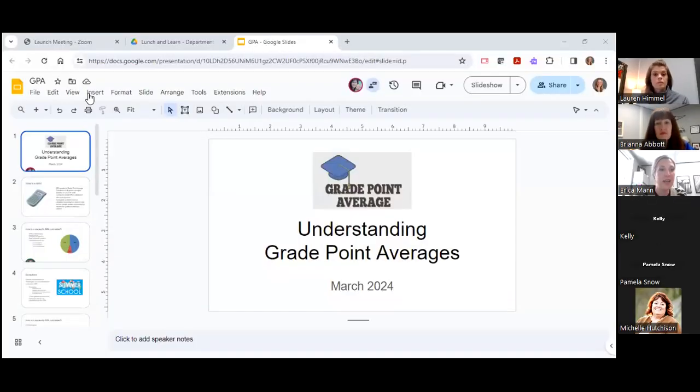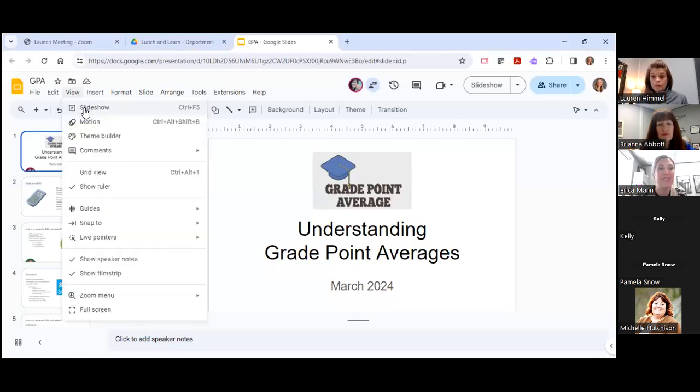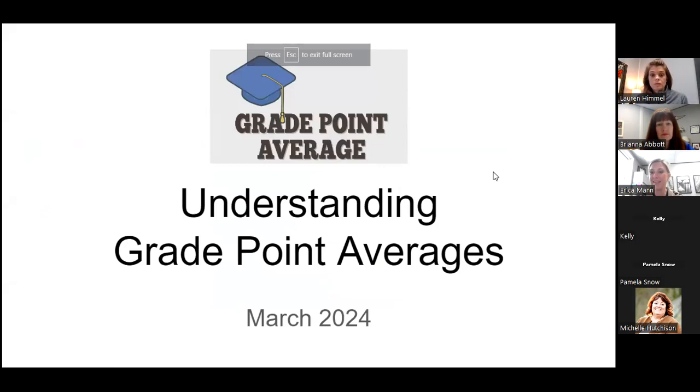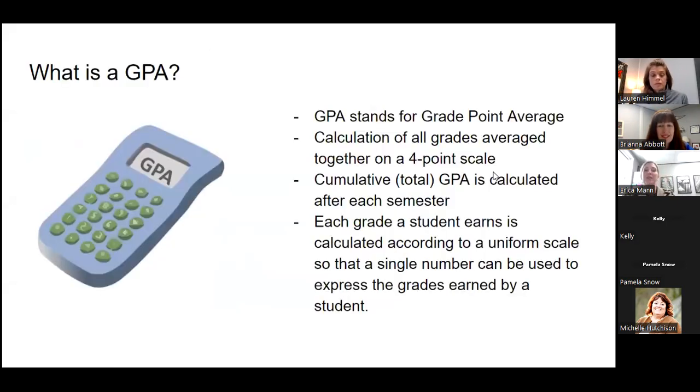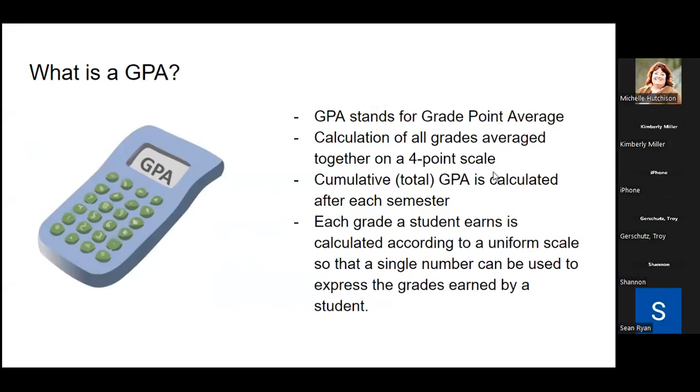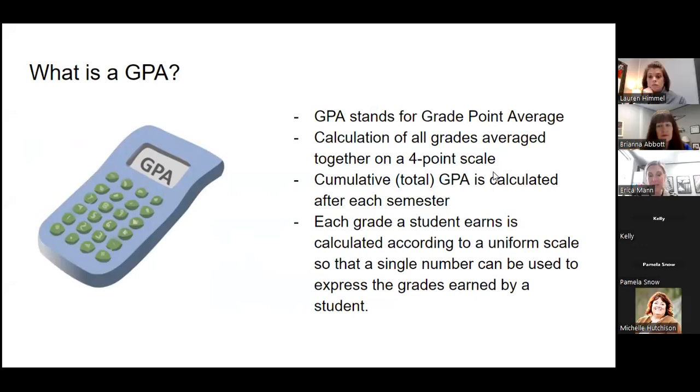Okay, so today we are talking about GPA, which stands for grade point average. The GPA is that grade point average, and this is going to follow your student. They start to accumulate their GPA after the first semester of their freshman year. It is a calculation of all the grades averaged together on a 4-point uniform scale. The cumulative GPA is exactly what it sounds like.